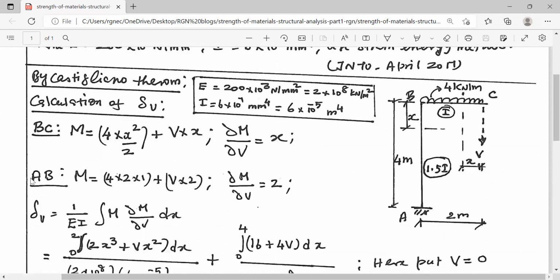Now, as per Castigliano's theorem, the deflection is equal to 1 by EI into integral M into dM by dV into dx.